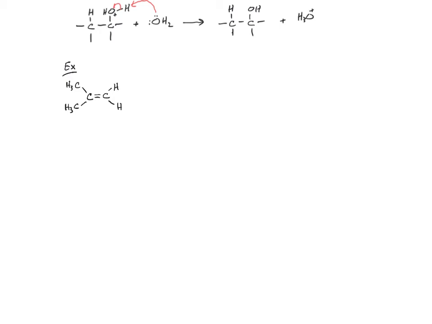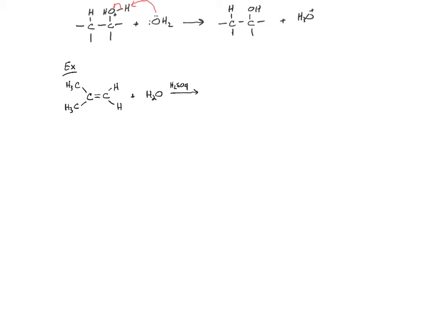Let's say that we react this compound with water in the presence of an acid catalyst. I could have written just H plus there. I could have written H2SO4. Either way, it gets us to the same end product here.